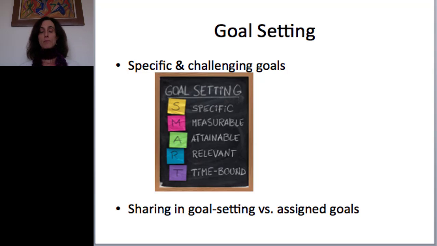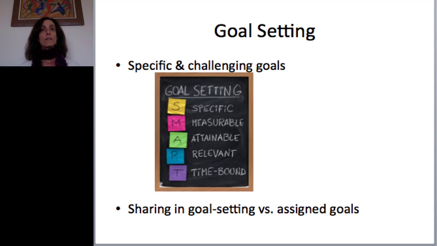But I have to explain a little bit more about how and why this works. So traditionally, people had thought that it would be much more effective if employees were involved in sharing goal setting with their supervisors, so then those goals were more meaningful. And that was the school of thought.